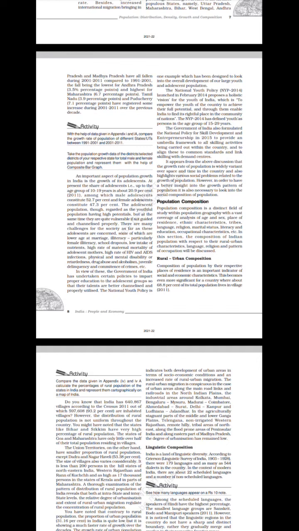Rural-urban composition. Composition of population by their respective places of residence is an important indicator of social and economic characteristics. This becomes even more significant for a country where about 68.8% of its total population lives in villages in 2011.